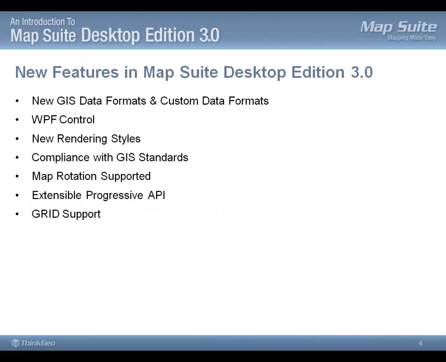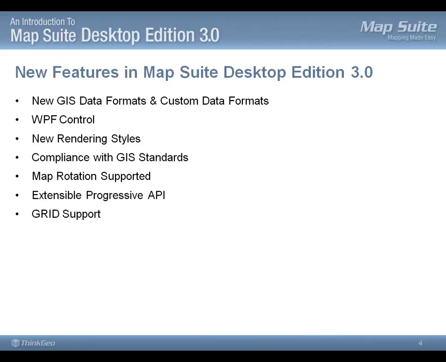So with that, let's start talking about some of the new features with Desktop Edition 3.0. One of the big changes, as you may have seen with all of our 3.0 products, is we're supporting many more formats now. GIS data comes in wide-ranging formats, and previous versions just focused on Esri shapefiles for vector data.